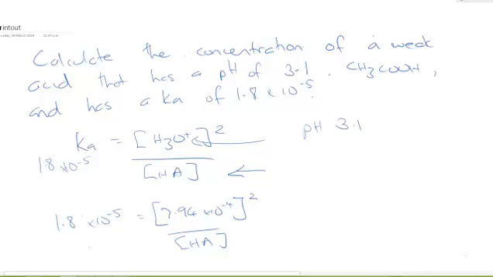Okay, so I've just quickly done that. I've calculated this by going inverse log of minus 3.1. When I do that, I get this value here, 7.94 times 10 to the negative 4, and that's got to be squared.